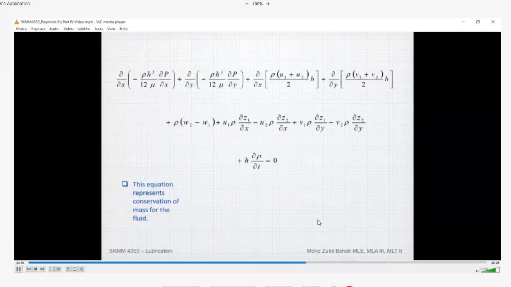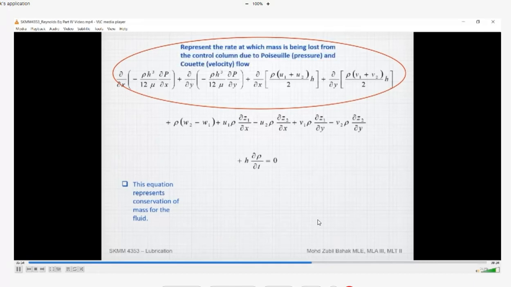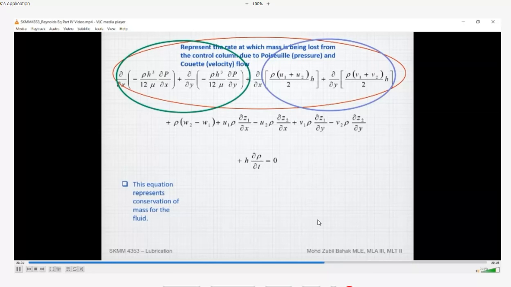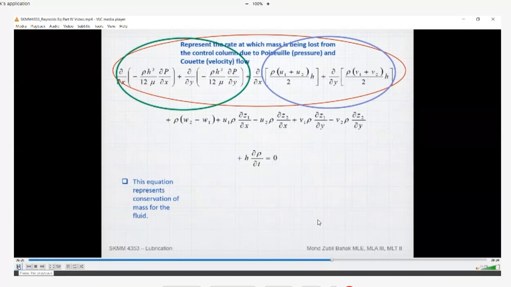Finally, we have this long equation, where the top term represents the rate at which mass is being lost from the control volume due to the Poiseuille part, that is the pressure-driven part, and because of the Couette flow velocity. So now we have the Poiseuille and Couette terms together, which represent the rate at which mass is being lost from the control volume.